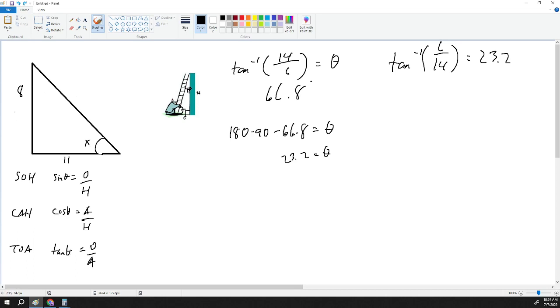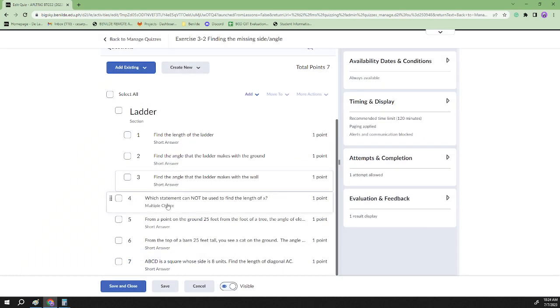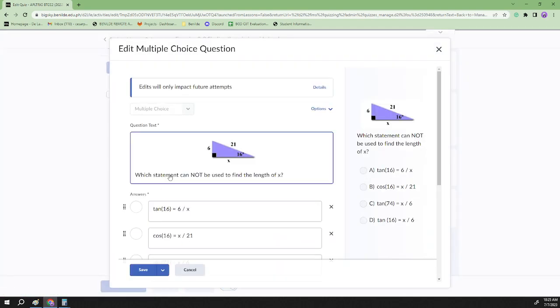Okay, good so far? No questions here? Okay, no questions. Now, which statement cannot be used to find the length of x? So in here, we have to remember SOH-CAH-TOA. See, tan 16 is opposite over adjacent. Tama to.